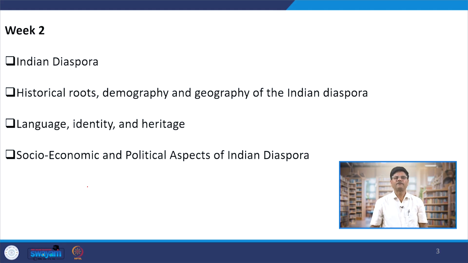How does it affect both the countries, the host and the home country, and how has it affected life back in India, and what kind of connect, emotional or otherwise, the diasporic community maintains with the homeland.